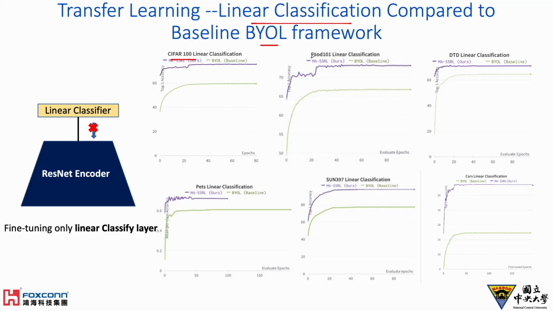We perform linear evaluation, meaning we freeze the encoder and only fine-tune the linear classifier, and we can see our method performs significantly better than BYOL across the different datasets.